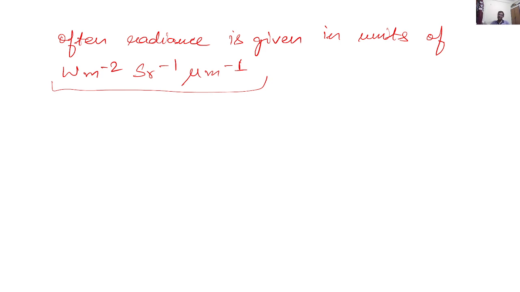So whenever this question comes in the exam, always check the units of K1 and K2. If they are not given as such, then just assume that it is in watts per meter square per steradian per micrometer itself.